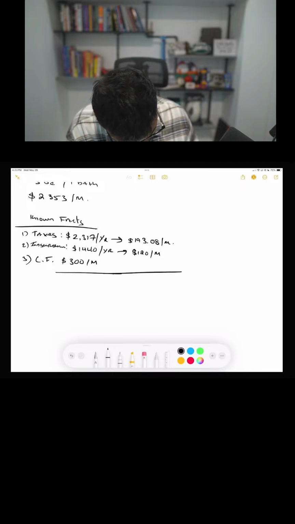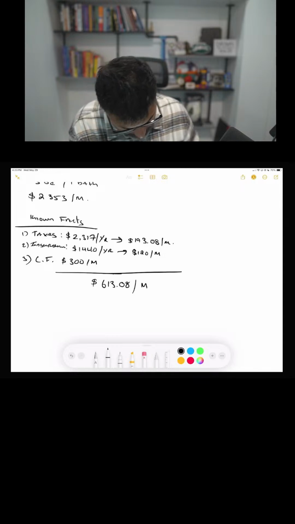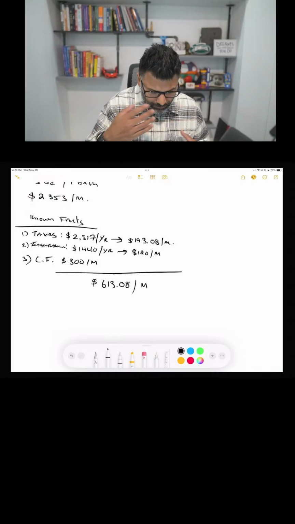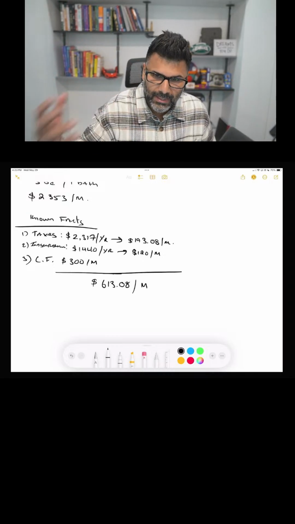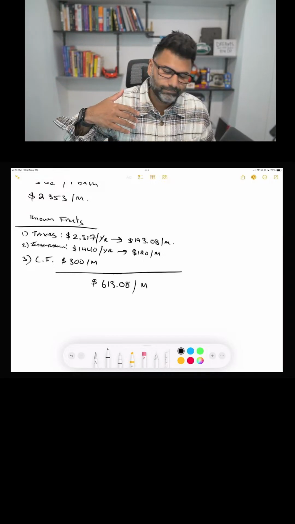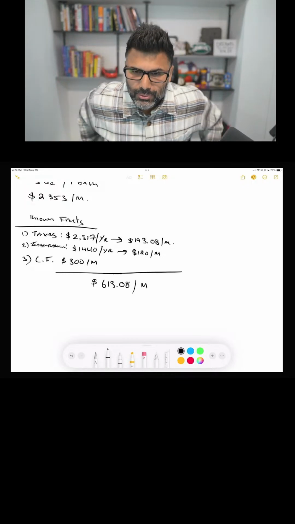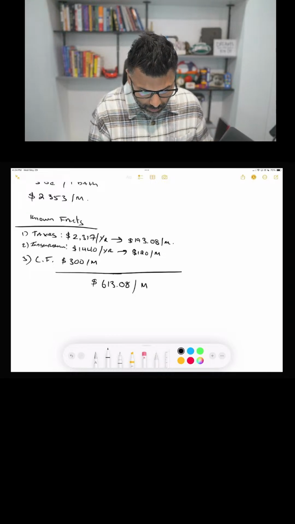Okay, so we know our monthly non-negotiables, known facts, right, is $613.08. Now, I'm making this very simple. You know, you can factor in vacancy, capital expenditures. So you can factor those in. Typically, they're about 5% of the gross rent. Okay?